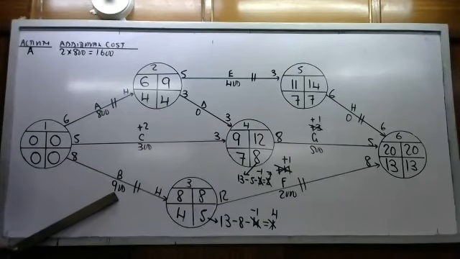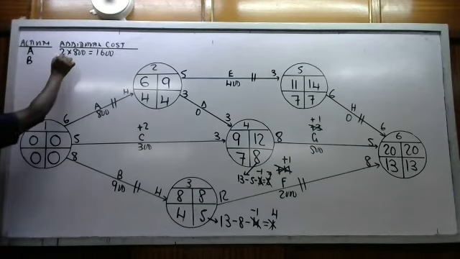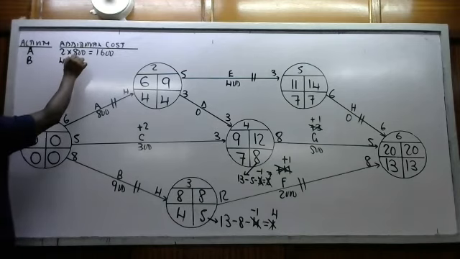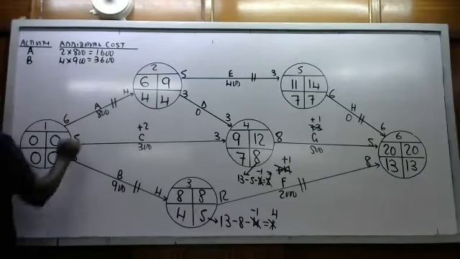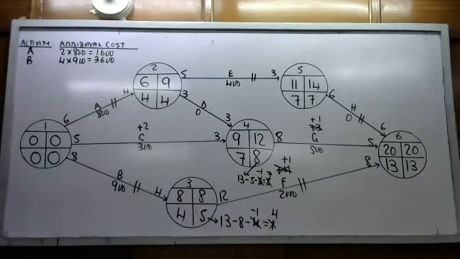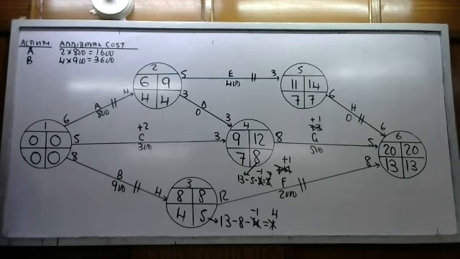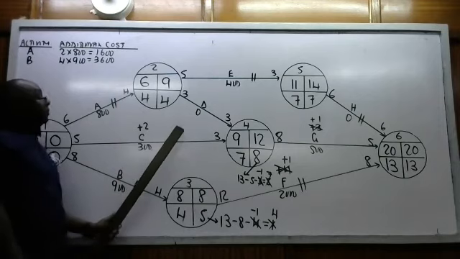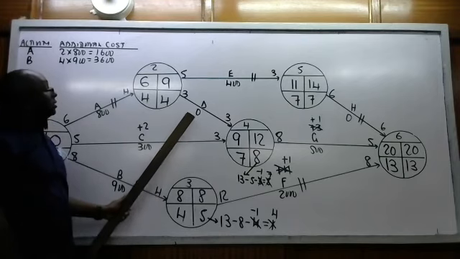B, we denied 4 days, and you can see we have not done any. So B, it is 4 days at 900. That is 3,600. C, you can see we have denied 2 days and we have returned everything. So no additional costs. We come to D, we have not denied anything, so no extra cost.